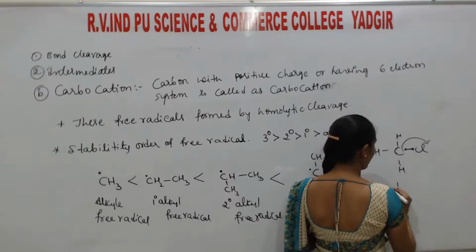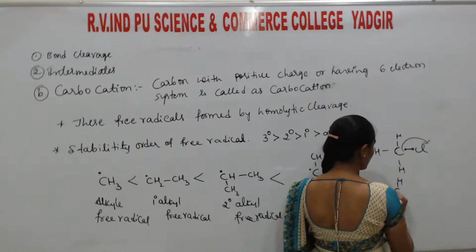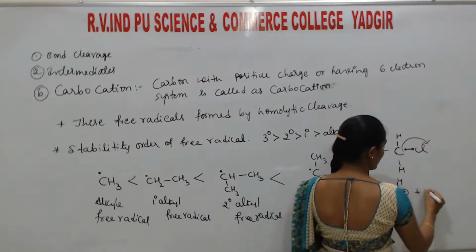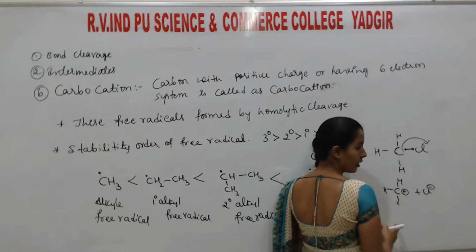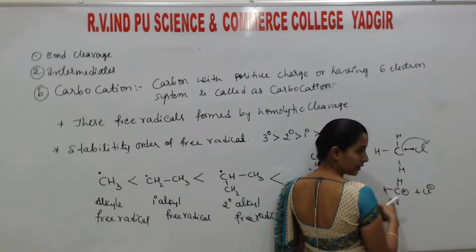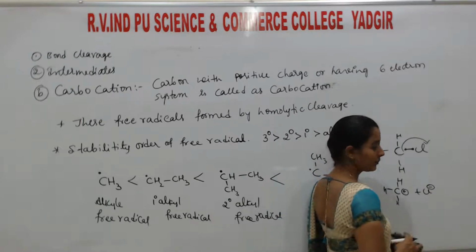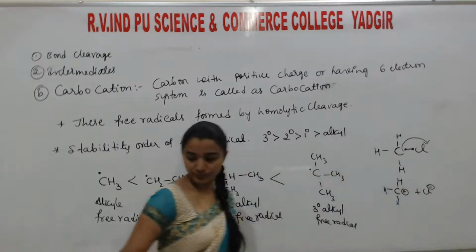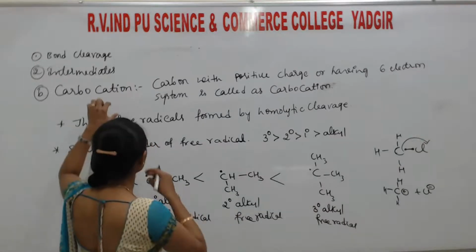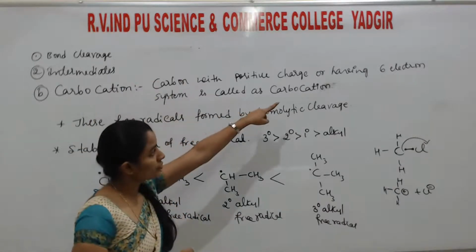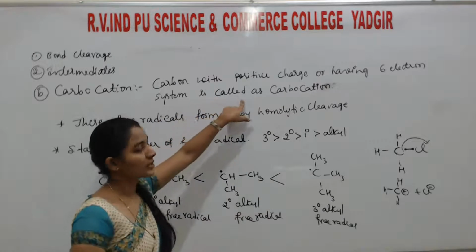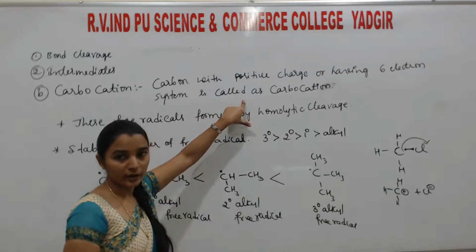Then after breakage it is H with a plus charge plus Cl minus. Then count the number of electrons: 2, 4, 6. It is having 6 electron system. Correct? So the carbon with a positive charge, having the 6 electron system, is called as carbocation.